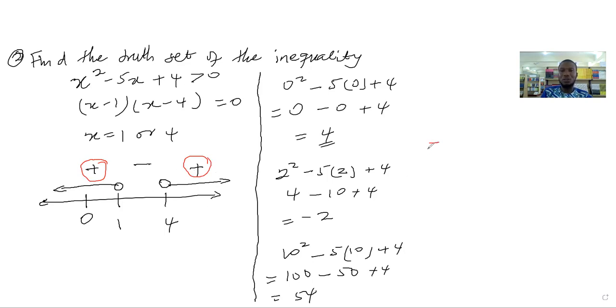So therefore, our truth set will be x such that x less than 1, or remember there is a gap between them, so we can't join, or x greater than 4.